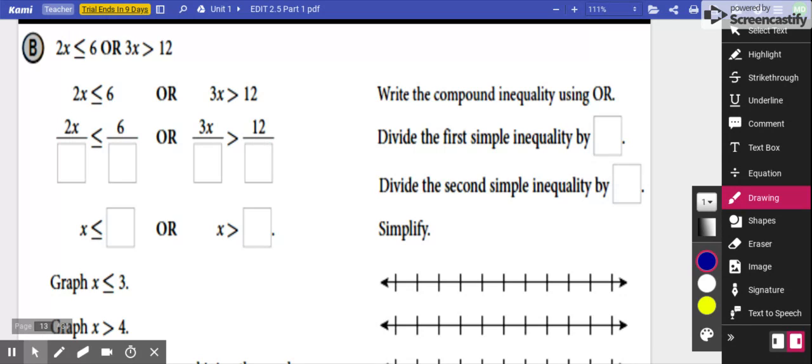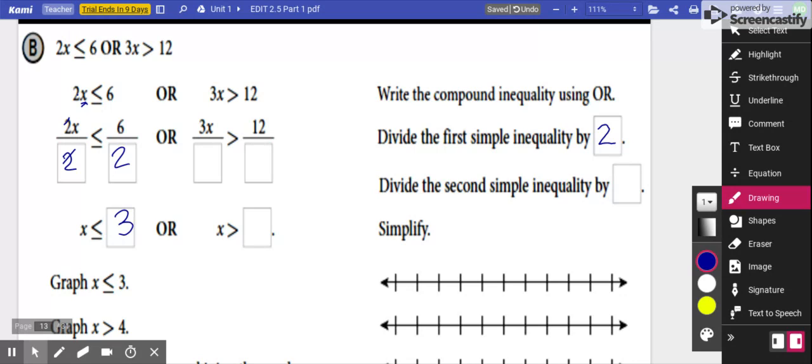If I want to get x all by itself, well, here it's being multiplied, and how do I undo multiplication? Division. I'm going to divide by 2 on both sides. Divide by 2, divide by 2. My 2's will cancel. I'm left with an x. 6 divided by 2 gives me a 3.